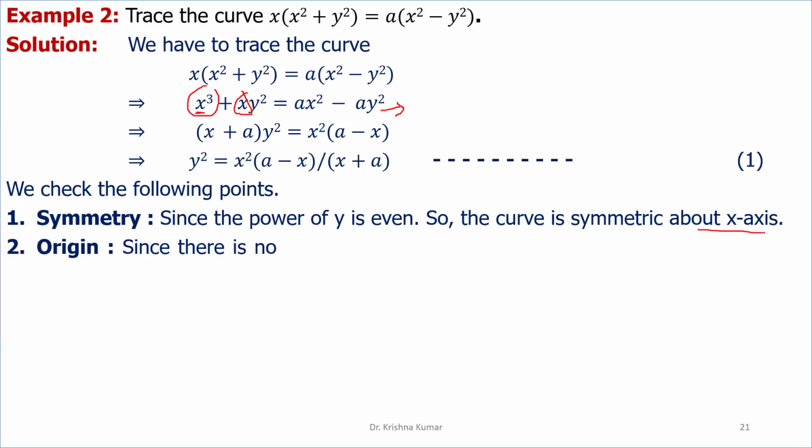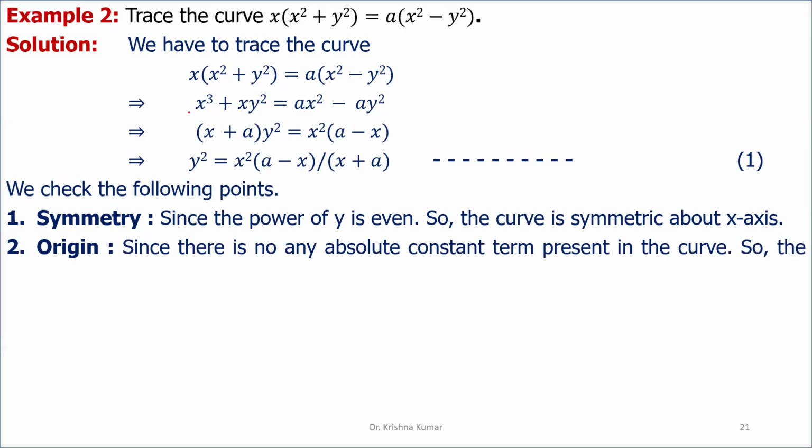The second point is origin. Since in the whole equation there is no absolute constant present, just look here, each and every term has a variable, therefore the curve passes through origin. Now the question arises, if the curve passes through origin, what is the tangent at origin?